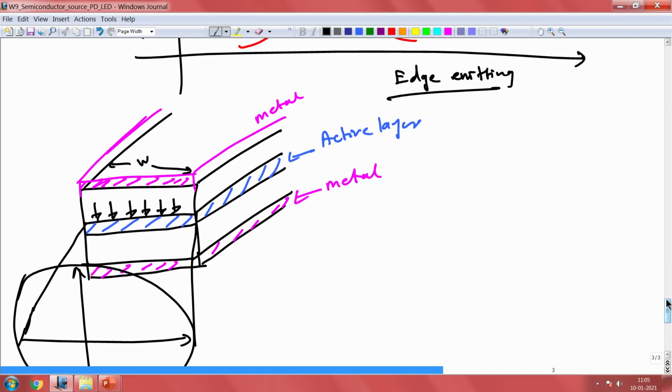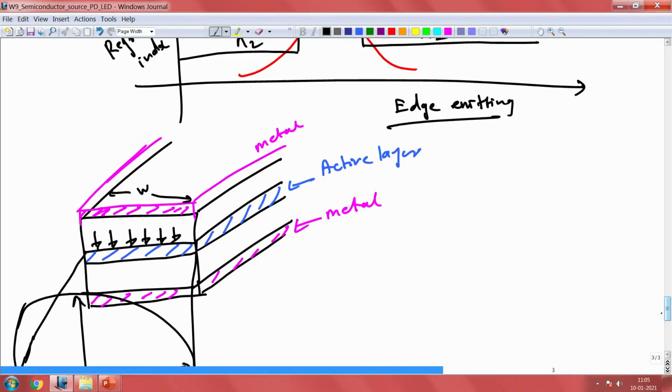We can also have edge emitting by confining this active region. So, instead of having light emission from everywhere, we could confine this emission within a very small region, right. So, we call a strip geometry. So, this is a slab geometry, right.